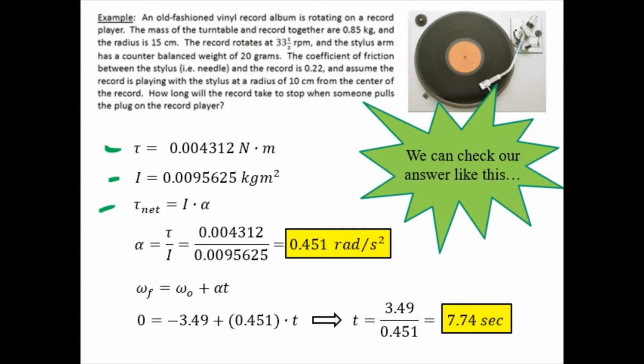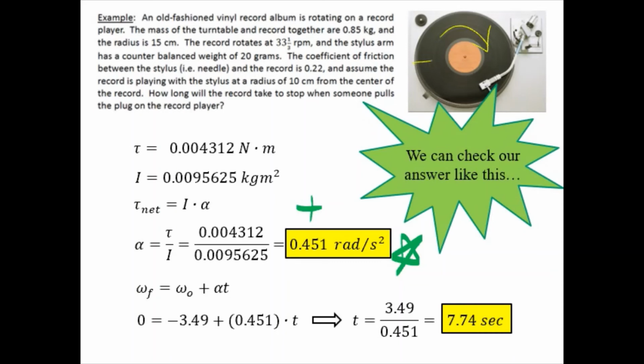So I can solve for alpha, the angular acceleration, by taking the torque divided by the rotational inertia, or moment of inertia. I get alpha of 0.451 radians per second squared. Notice that it's positive, but our angular velocity initially is negative, because it's rotating clockwise.